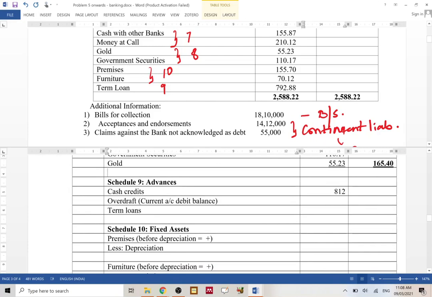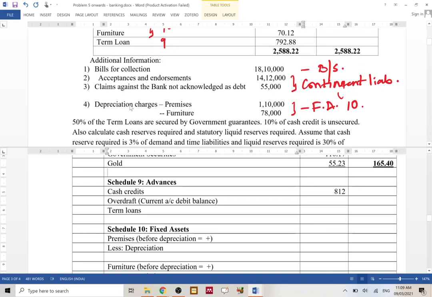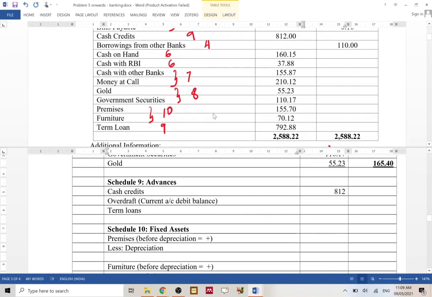Advances, again, let's see what other items are here. Premises and furniture. For premises, you've been given the final amount, that is after charging the depreciation. So 155.7 and 70.12. These are amounts given after depreciation has been charged, and how much depreciation is charged is given in the working notes: 110 lakhs, okay, and 78,000.